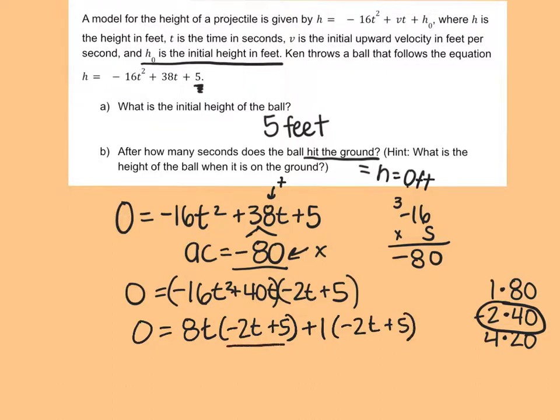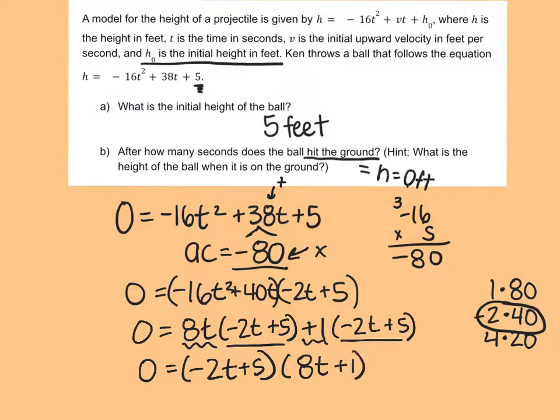Then I'm noticing both parentheses are the same, so I will factor that out since it is in common. Then I'm left with an 8t and a plus 1. All right, now we have this factored, so now we can finally solve this equation to see after how much time the ball hits the ground.